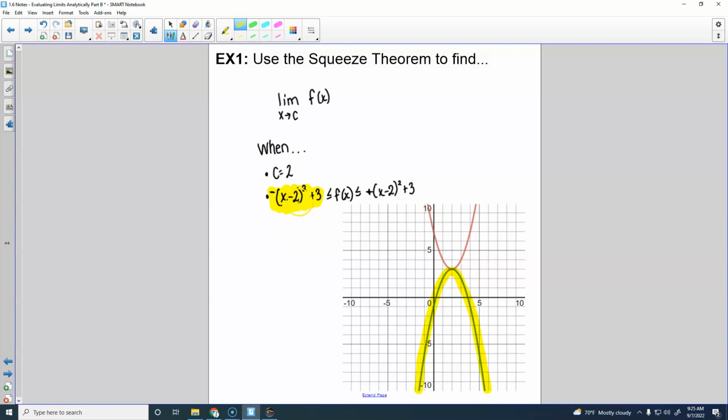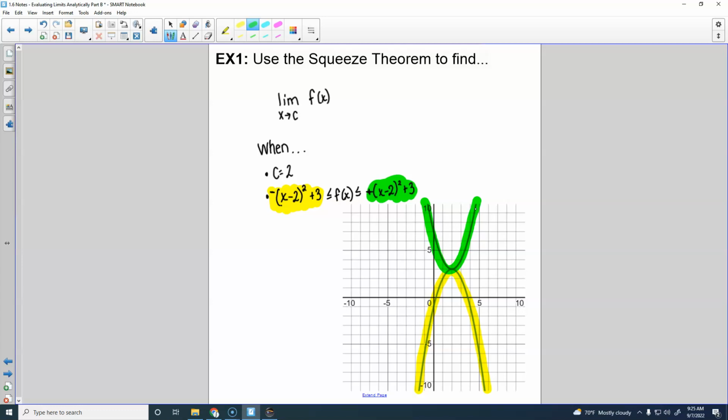The minus 2 moves it to the right 2, the plus 3 up 3, the negative out front flips it upside down, right? And well, flip before it moves. So that is our blue graph over here. Then over here, I've got basically the same thing except it's positive. So that's this red graph here that I've now highlighted in green.